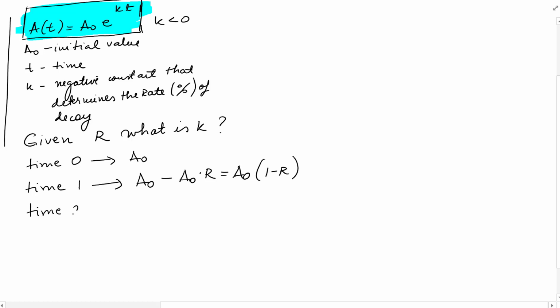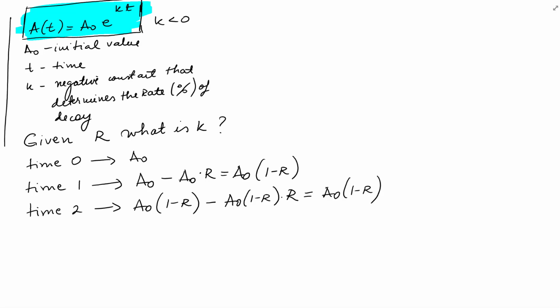After 2 periods of time, the value changed to A0 times 1 minus r, and from this value we subtract A0 times 1 minus r times r, because it's another decrease. Again, the key is to notice that A0 times 1 minus r is common. It's here and it's here. So we factor it out and we end up with 1 minus r again, which means A0 times 1 minus r to the second.